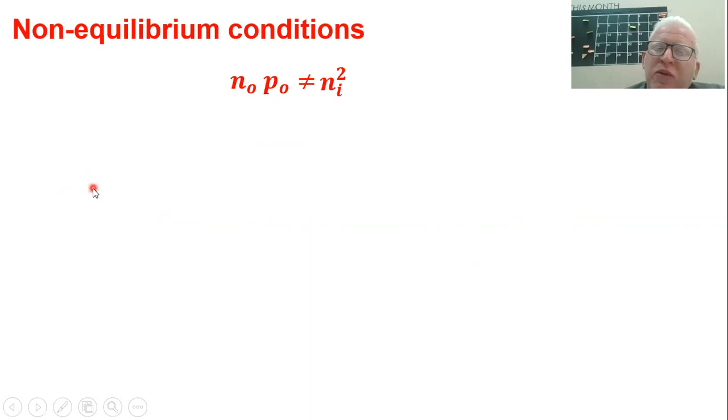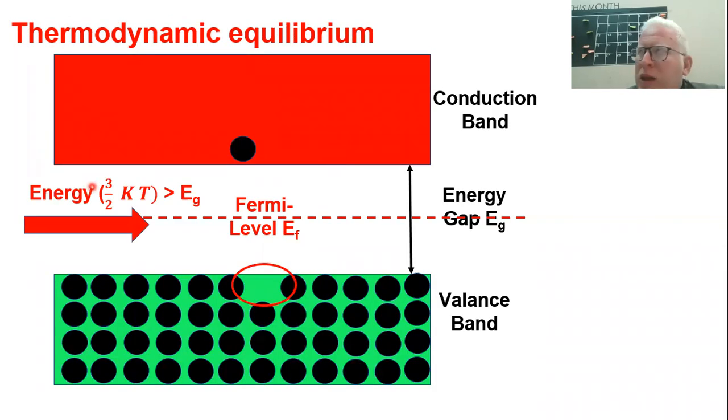Now, what is the inverse process? I mean, whenever you have an electron in the conduction band, and for a reason or another, this electron loses its energy, maybe in a scattering process, in a collision process, or whatever. Then, the electron will make its round trip back. I mean, the electron will go back to the valency band, and it will produce this difference in energy in a form of another wave energy.